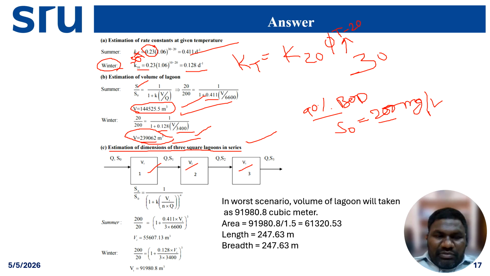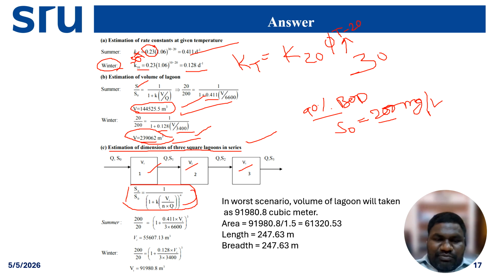So here the equation will be Sn divided by S naught equals 1 by 1 plus k into V by n into Q, whole to the power n. Here we can go for S naught by Sn, then this becomes upside down. So 1 plus, then for summer we know the constant value.